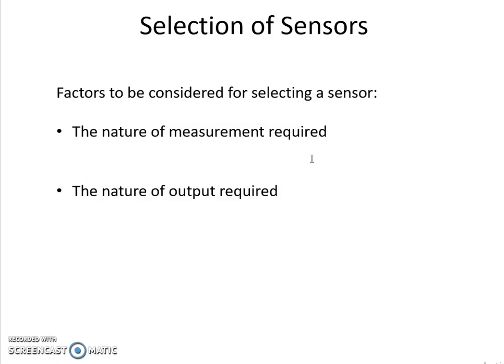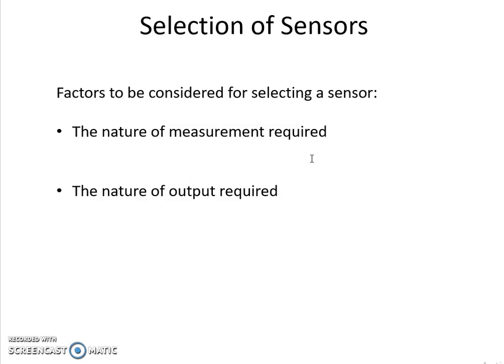For example, the variable to be measured, its nominal value, the range of values, the accuracy required, the required speed of measurement, the reliability required, and the environmental conditions under which the measurement is to be made. All these factors are to be considered while selecting a sensor.